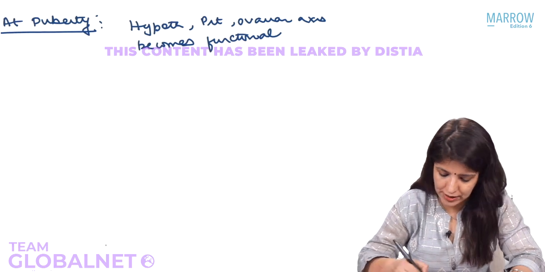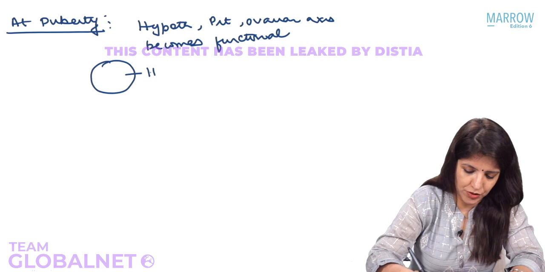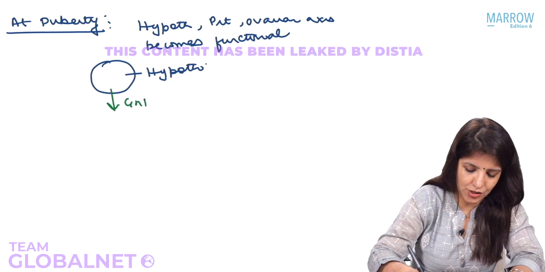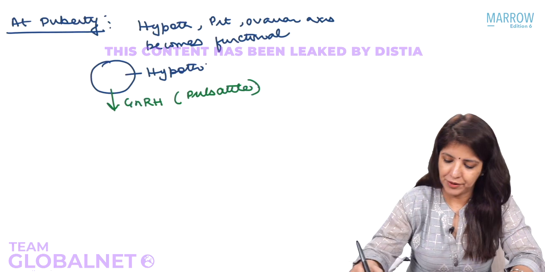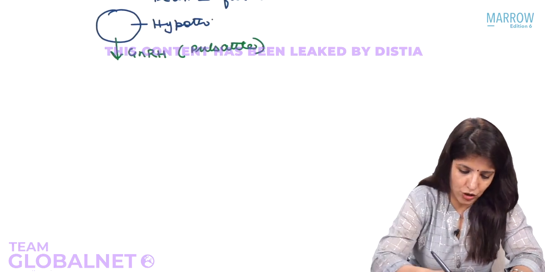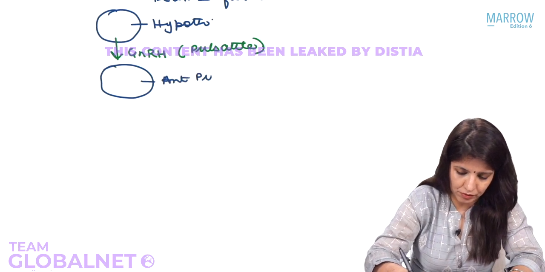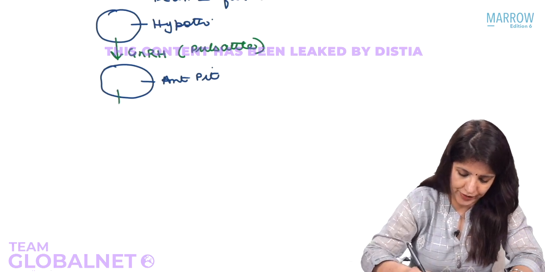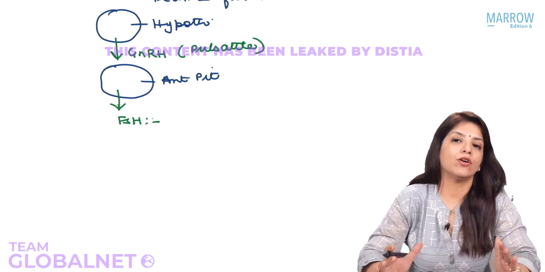Because the axis becomes functional, from the hypothalamus, GnRH is released, and this GnRH is released in a pulsatile manner, right? Now, this GnRH will act on the anterior pituitary, and from the anterior pituitary, it will lead to the release of FSH, right? Now, this FSH is follicle stimulating hormone.